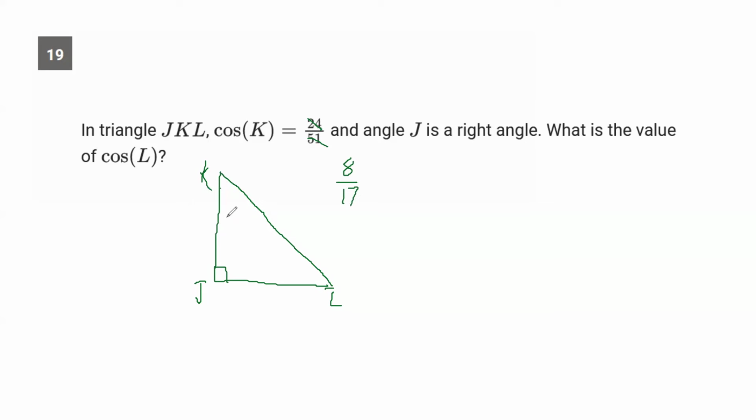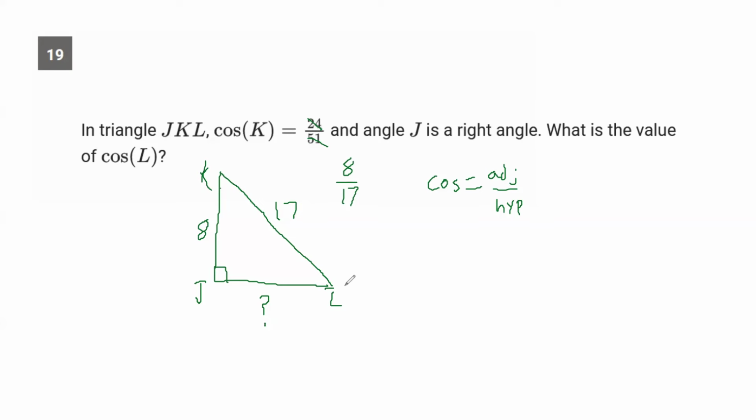So I can say that cosine is adjacent over hypotenuse, right? So JK, that means the adjacent side of K is this one here. So it's going to be 8, and the hypotenuse is always right across from the 90. So it's this one. And now, what is the value of cosine L? That's asking for this one. And it'll be over 17.